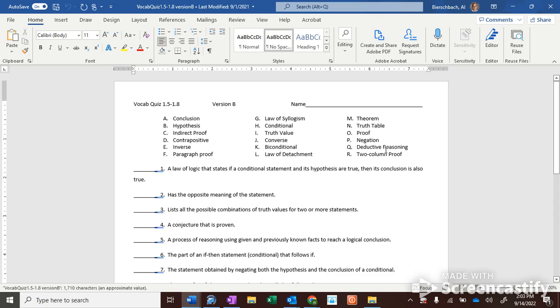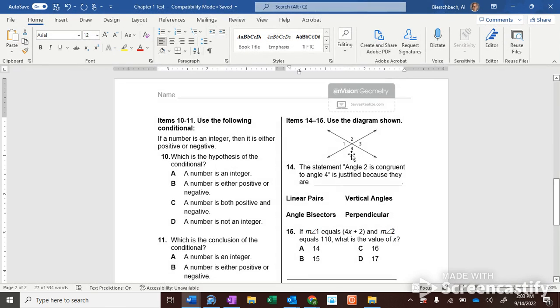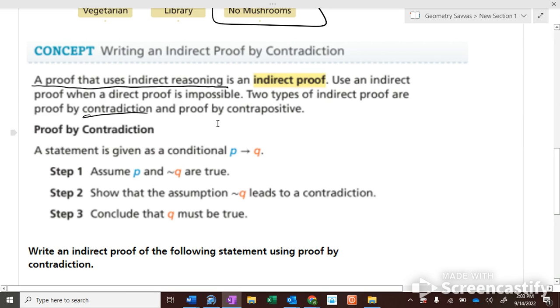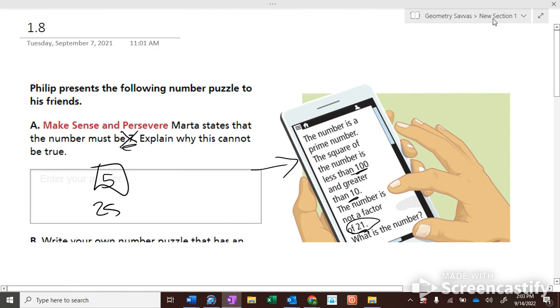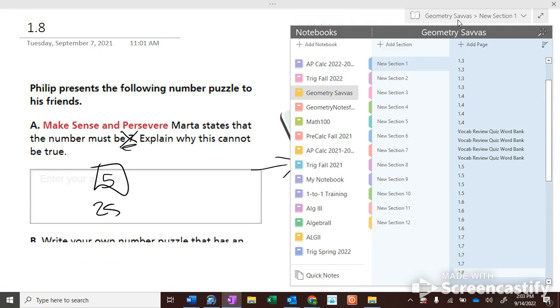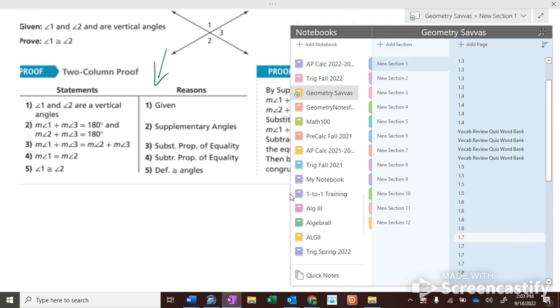All right, proof and 2-column proof are on the quiz. So let me go back to section 1.7 and find those. Boom.